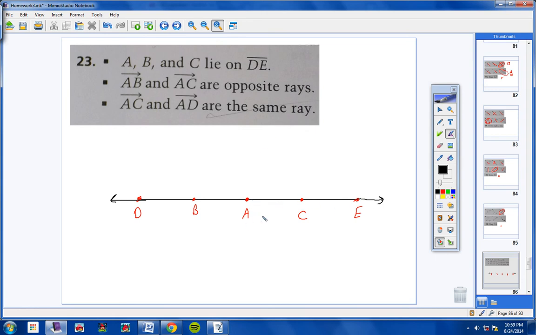AC is going this way, AD is going this way. So I simply take my pencil, I erase B, I erase C, and I put C right over here. And I didn't change anything. I still have A, B, and C lying on DE. I still have ray AB this way is opposite of ray AC. And then I have ray AC going this way and ray AD going this way. So ray AC and ray AD are the same ray.